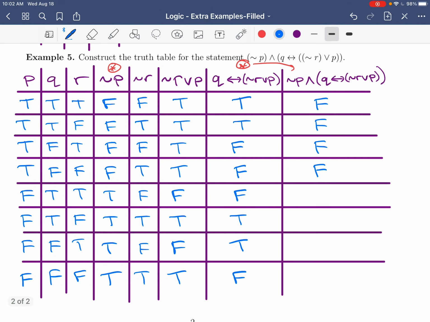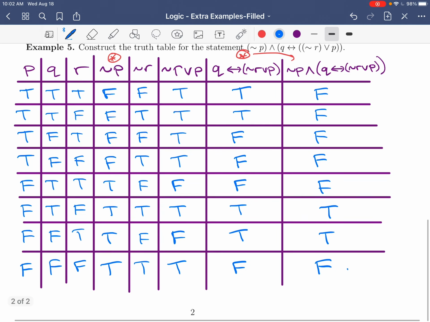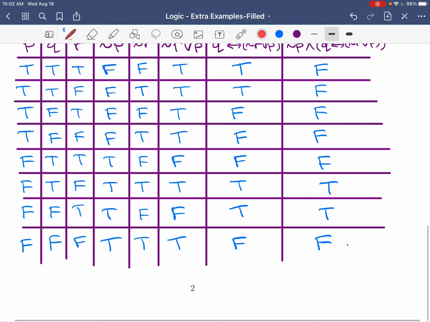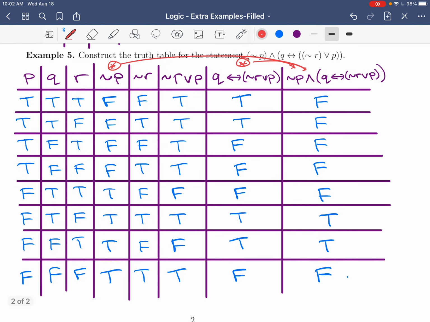Okay, now in the last 4 rows, not P is always true. So I just want to look here and I see that Q if and only if not R or P is going to be true in these rows. So that means this is going to be true, true, but these guys are going to be false. So that is what our truth table would look like here. Okay, these are for that one. So that's how you can make all sorts of different truth tables.